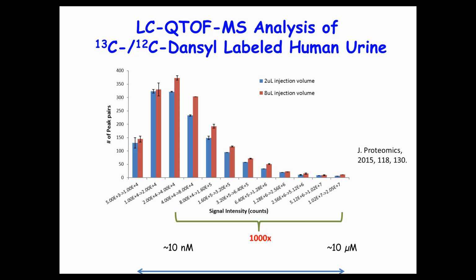When the concentration is below 10 nanomolar, in this case, the signal noise ratio of many peaks becomes very low, reducing the number of peaks detected. However, if we just look at the metabolites at the concentration range from 10 nanomolar to 10 micromolar with very good signal noise ratio, we see that the number of metabolites increases as the concentration decreases.